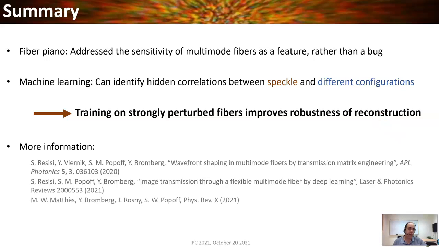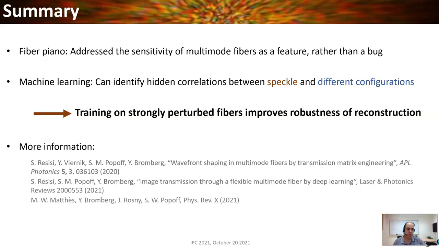At the beginning, I briefly presented the fiber piano that we constructed, which utilizes fiber bends to focus light at the output of the fiber. I then showed a different application of the fiber piano, where we use deep learning to learn the effect of strong perturbations on imaging through the fiber.